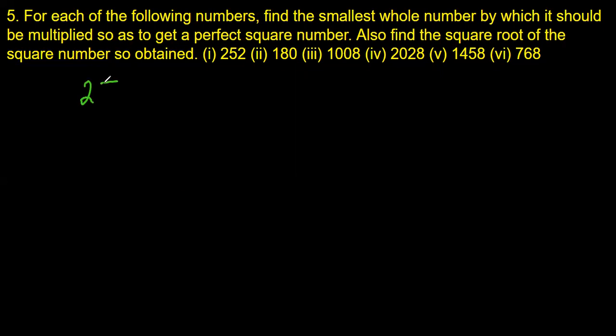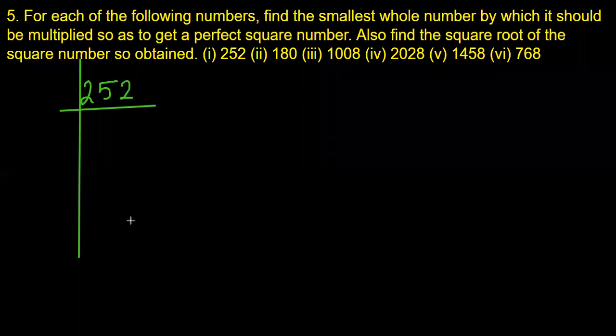Okay, 252, and we need to find the smallest whole number by which it should be multiplied to get a perfect square number. So let's find out the prime factorization of this number first, 252. It's an even number, divisible by 2: 2 ones are 2, 2 twos are 4, 2 sixes are 12.